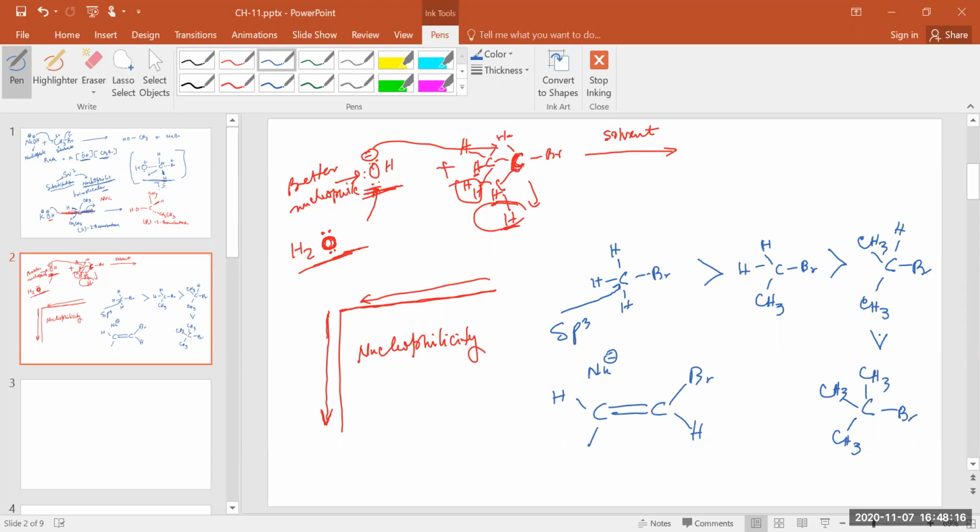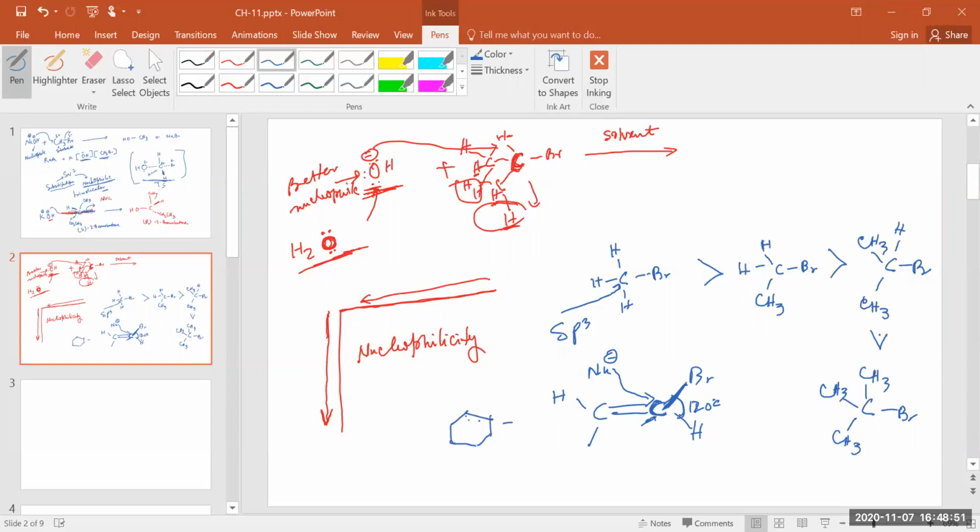The nucleophile needs to approach the carbon, but it is not possible to come opposite to the bromine, because the angle here is 120 degrees, so it cannot reach at 180 degrees, it cannot reach this double bond carbon.